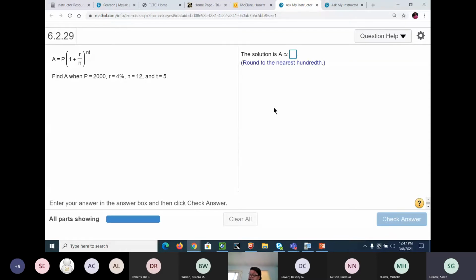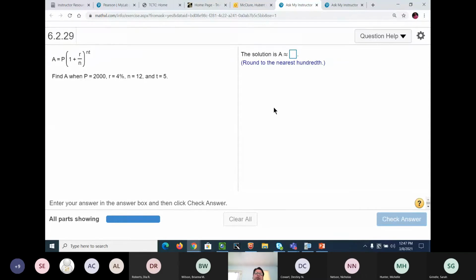And then last, T is number of what? What was the word I told you? Number of what? Starts with a Y. Years. Why is that important? Because if they give you months, you have to put that over 12 and put in a decimal or a fraction for years. You cannot put in months.